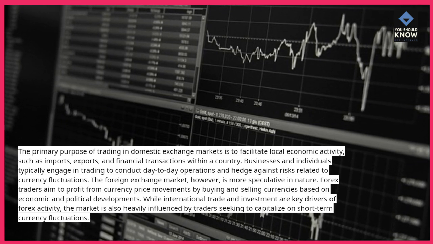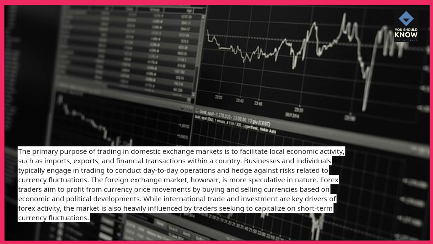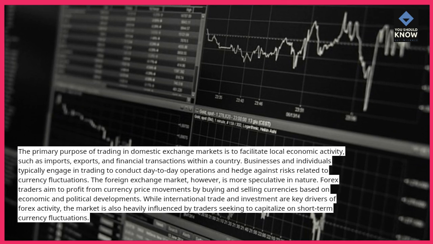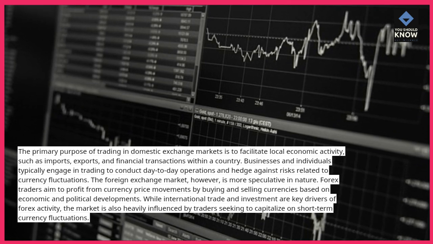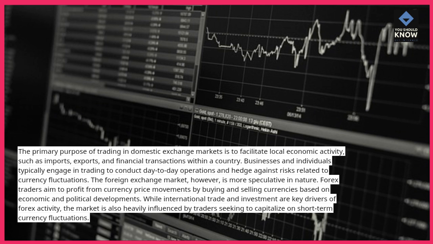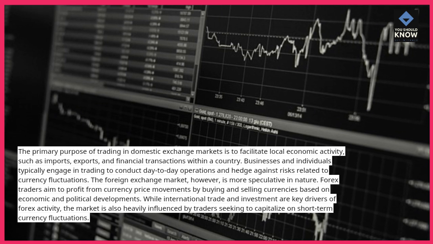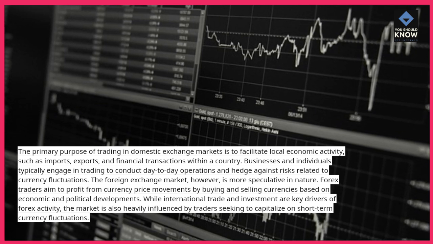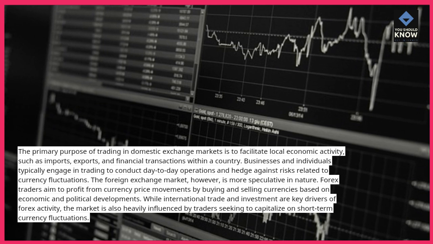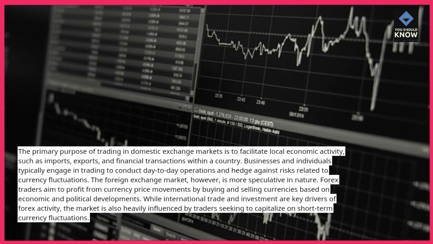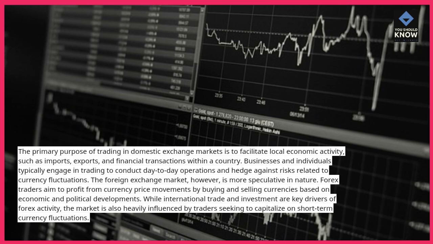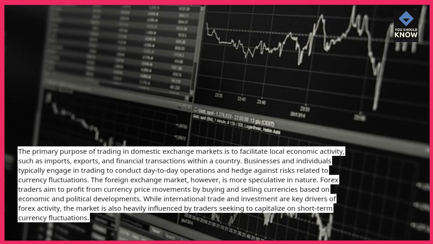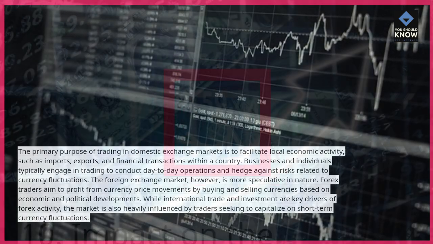The foreign exchange market, however, is more speculative in nature. Forex traders aim to profit from currency price movements by buying and selling currencies based on economic and political developments. While international trade and investment are key drivers of forex activity, the market is also heavily influenced by traders seeking to capitalize on short-term currency fluctuations.